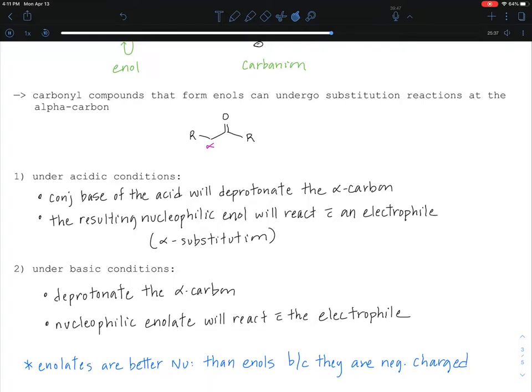So either way is fine. We usually do these reactions under basic conditions because enolates are better nucleophiles than enols. They have a negative charge.